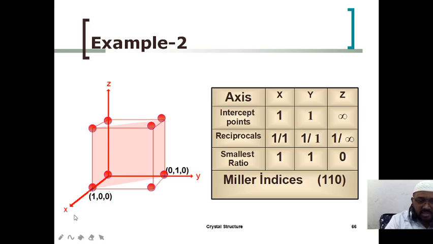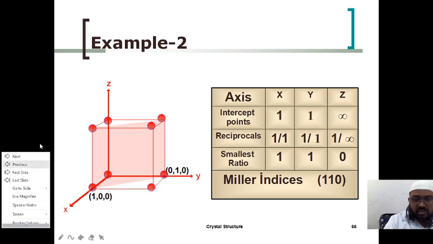So x-axis you will have 1, y-axis you will have 1, and at the z-axis it is parallel, so therefore we will take it as infinity. 1 by 1, 1 by 1 and 1 by infinity. So reciprocals: 1, 1, and 1 by infinity is 0.